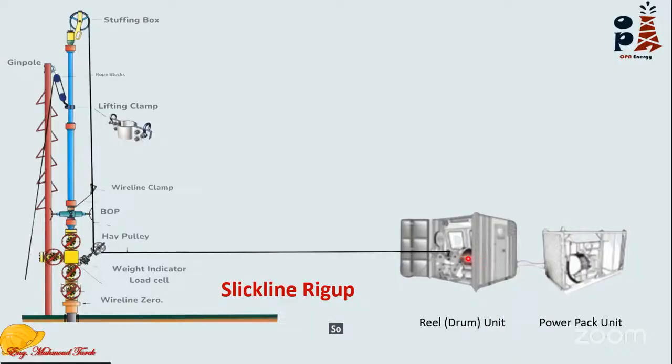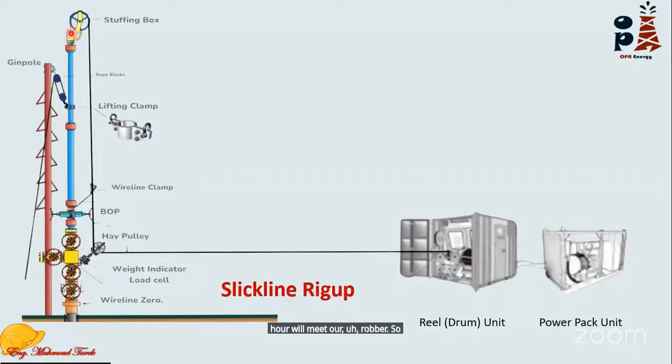So this Slickline will go in that direction and change its direction by 90 degrees, and then go up to the stuffing box. On the sheave of the stuffing box, the Slickline will meet our rubber.